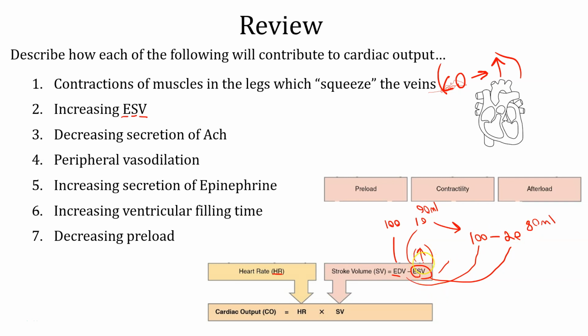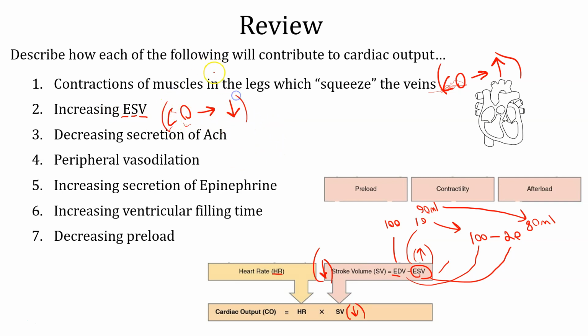So when you increase the end systolic volume, you have the net effect of decreasing the stroke volume. Okay, so the net effect is we've decreased the stroke volume. And if we decrease the stroke volume, but we assume the heart rate remains the same, that would be a decrease in cardiac output. So the cardiac output would decrease if we increase the ESV, holding all factors equivalent.